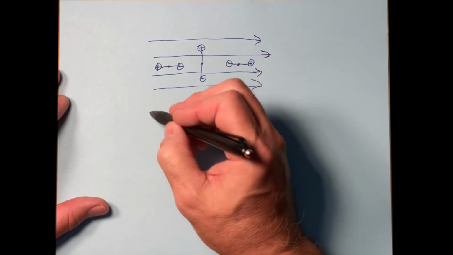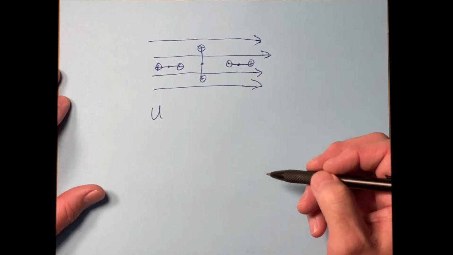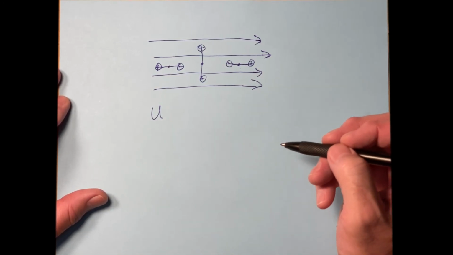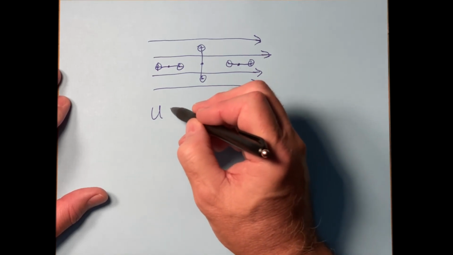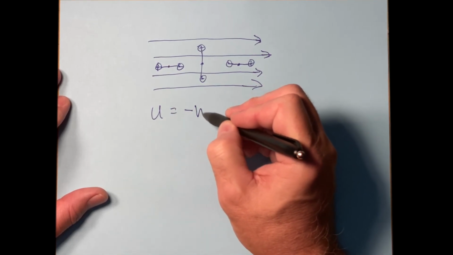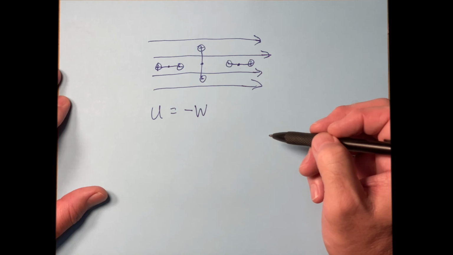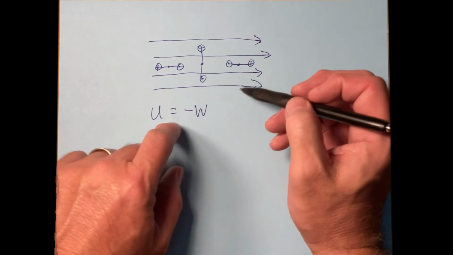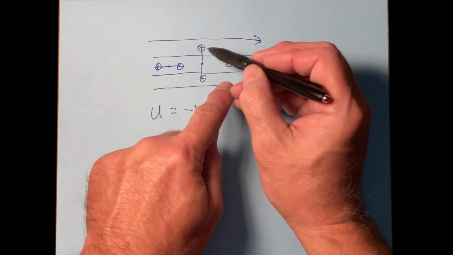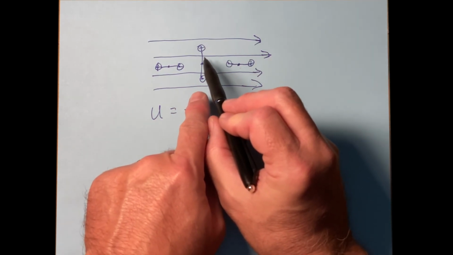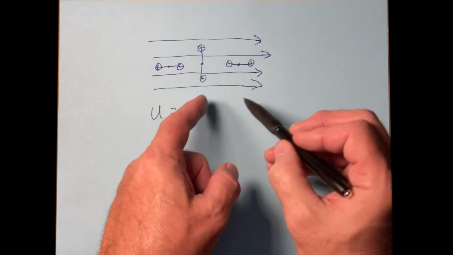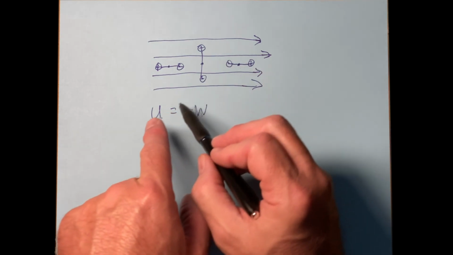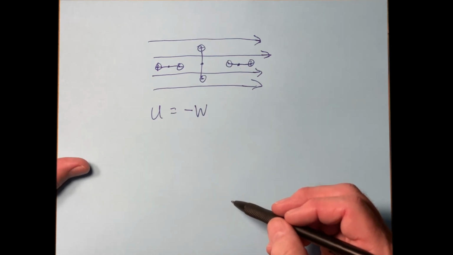All right, U is the symbol used for energy in this case, and you know that energy is the negative of the amount of work required. If I do the work, then the system gains energy. I'm losing energy, that's the negative. The system is gaining energy, that's the positive.